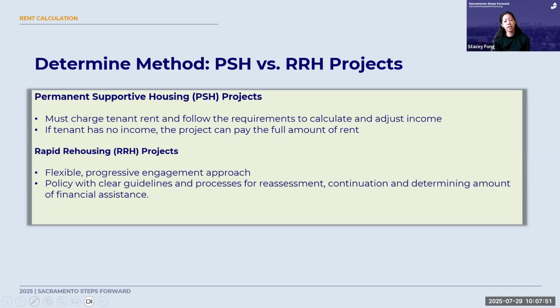Prior to implementing that, you will want to document the policy for the approach. We've gotten some requests to come up with one that projects can use, and we're working on one, but we haven't developed one fully yet. So today is going to be really focused on our PSH projects and the tool that we're using for that. Next slide.